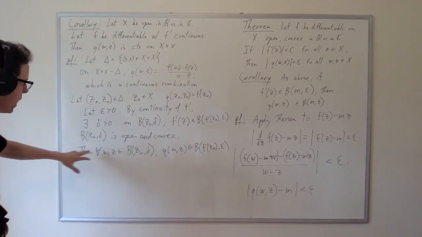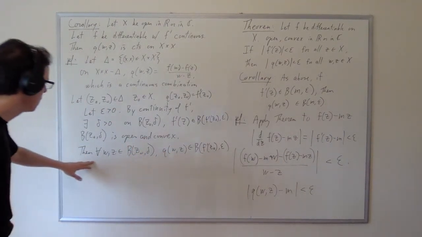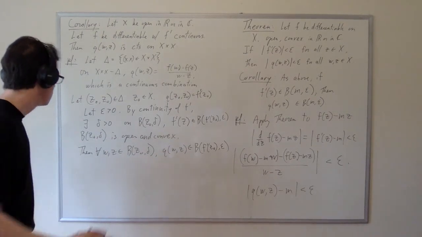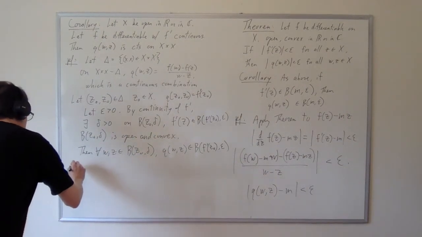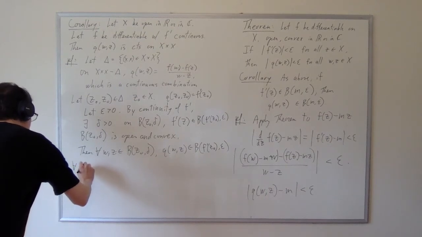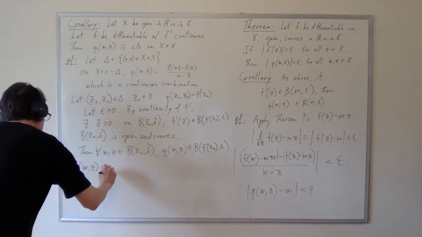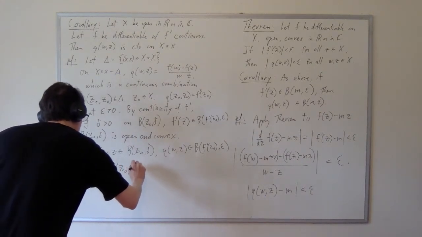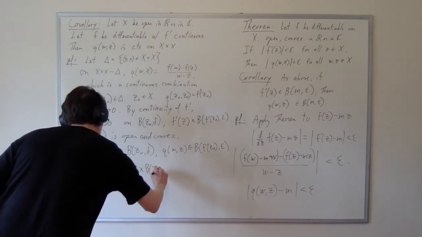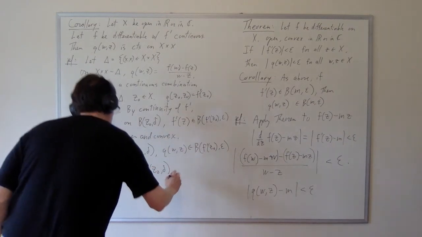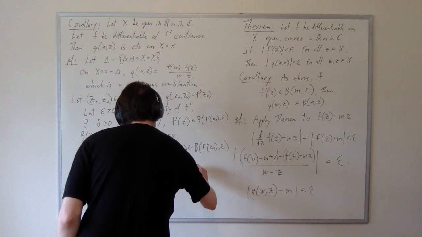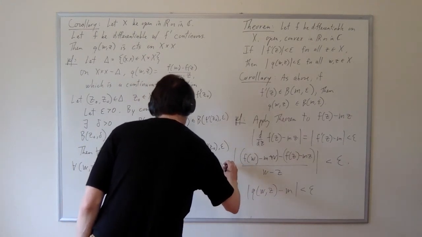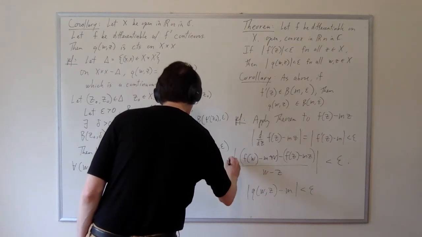So that demonstrates that we have the desired condition for every w and z in this ball. Let me rephrase this a little bit. For every pair wz in this ball around z naught of radius delta crossed with itself, we have q of wz is in that ball centered at f prime of z naught with radius epsilon.